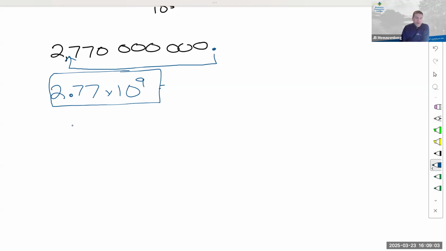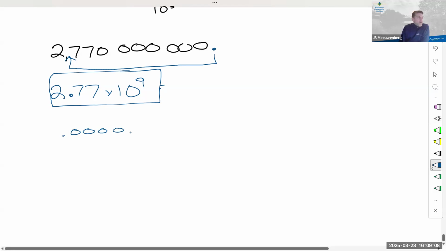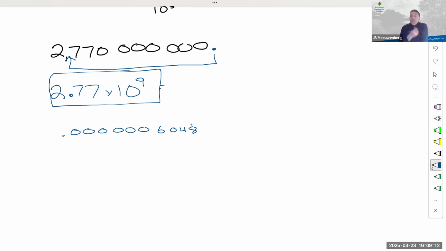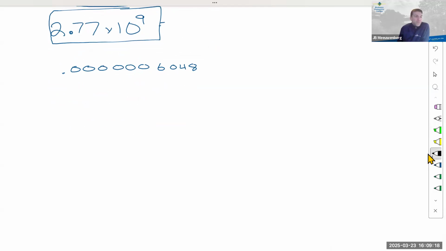How about this? One more here. 0.000006048. Go ahead and try that in scientific notation. And so with this one, we're moving our decimal point all the way back to immediately after the 6.